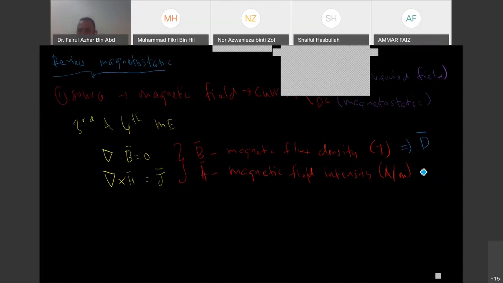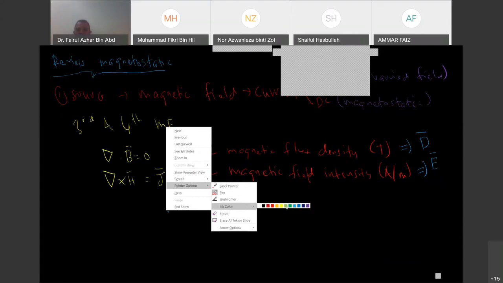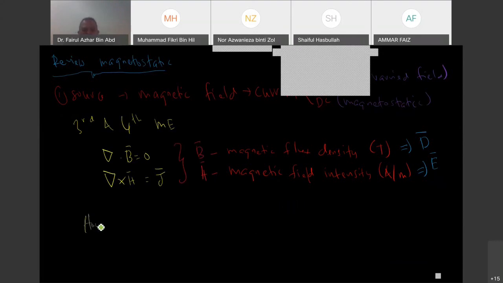And for the field intensity, in the electric field we have the vector E, with the unit volt per meter. Similar to what we learned in electrostatic, in magnetostatic the main focus is on how to express our vector B and vector H.